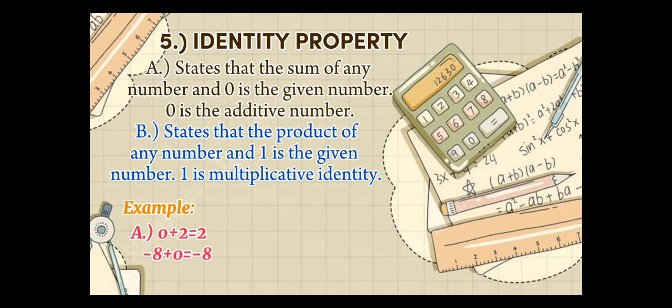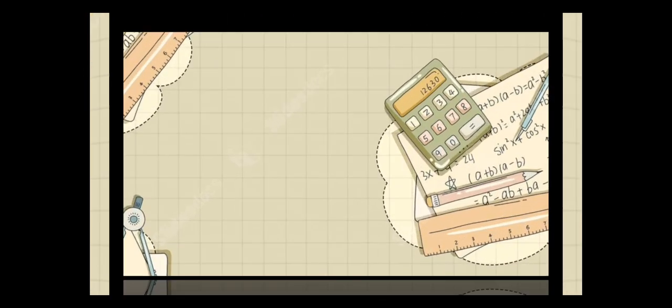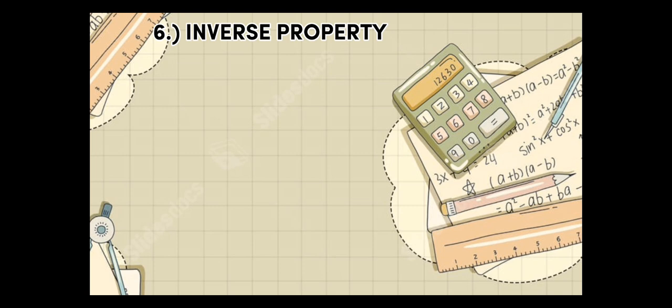For example, 1 times 4 is equal to 4, and 1 times negative 3 is equal to negative 3. Remember that identity property is if you add 0 to any number, the answer is that number, and 0 is the additive identity. And if you multiply any number by 1, the answer will be that given number, and 1 is the multiplicative identity.